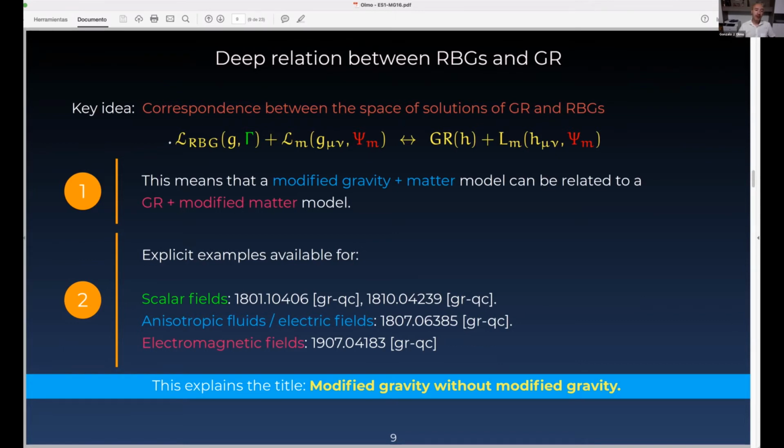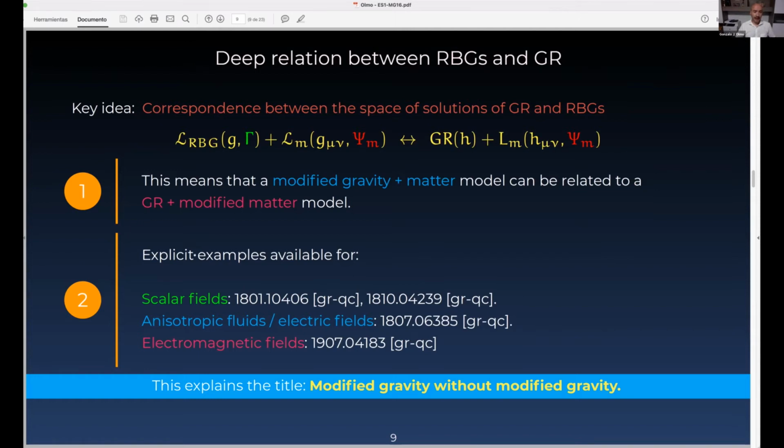And this is so because if we are given a particular gravity Lagrangian and a matter Lagrangian, then we can transform this problem into general relativity coupled to a different matter Lagrangian. Okay, so if we have modified gravity with standard matter, then we can map this problem into standard gravity with modified matter. Okay, so this is the key advantage of these theories.